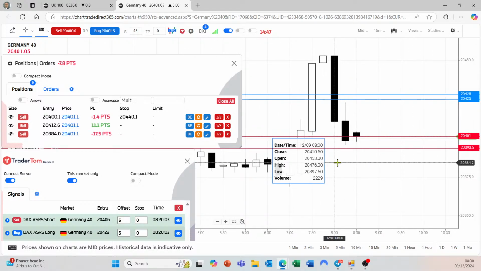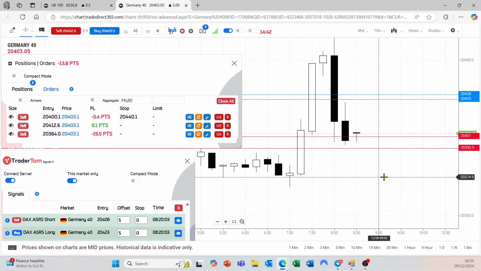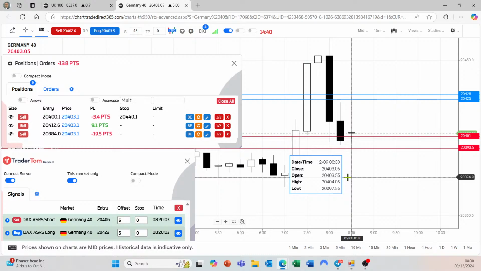So school run will trigger at 395, although I'm already short at 400.